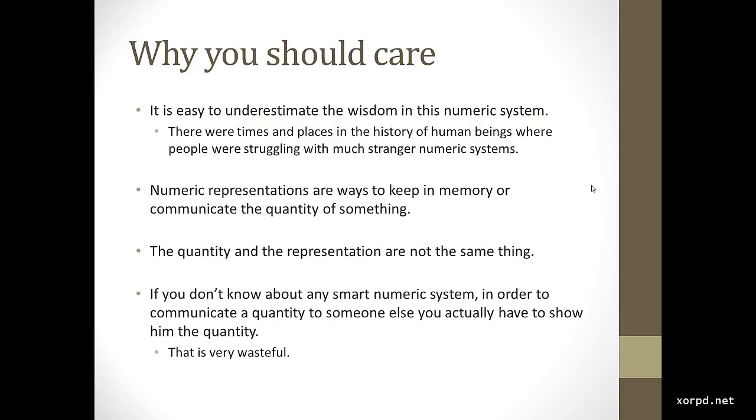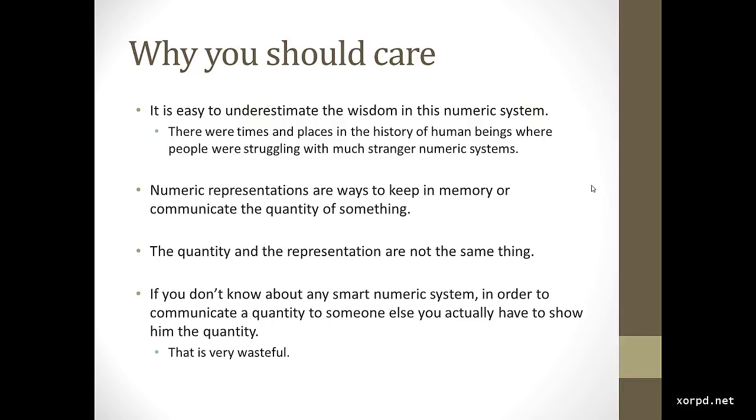Another reason for which you should care. If you don't know about any smart numeric system, in order to communicate a quantity to somebody else, you actually have to show them the quantity. And this is very wasteful. Imagine that you want to tell someone about some very large amount of objects. Maybe a pack of stones. Really lots of stones.